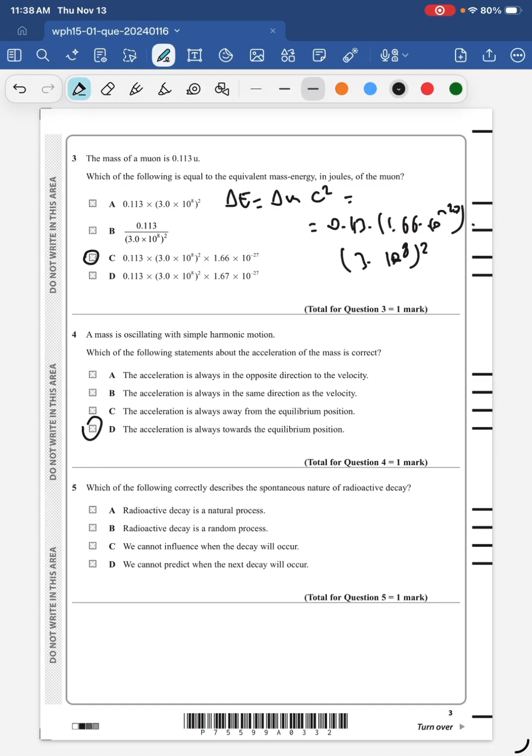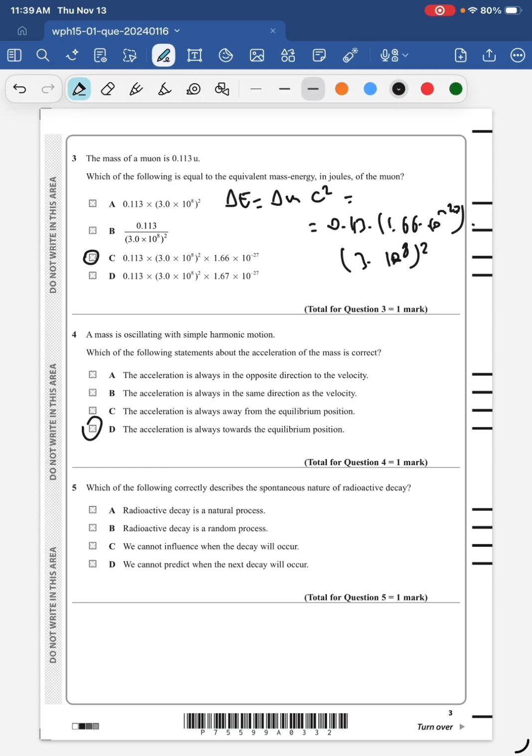5. Which of the following correctly describes the spontaneous nature of radioactive decay? A, radioactive decay is a natural process. Okay, that doesn't explain the spontaneity. B, radioactive decay is a random process.